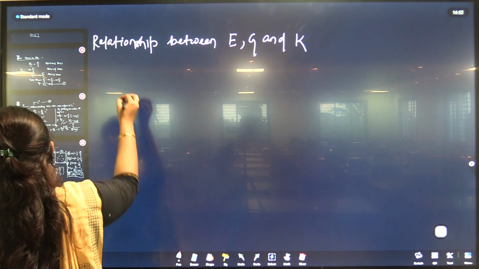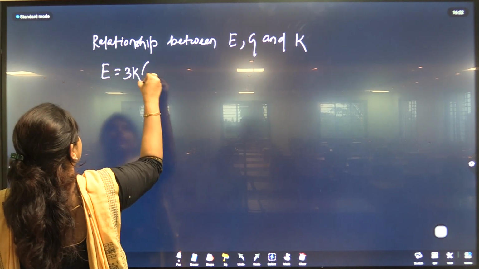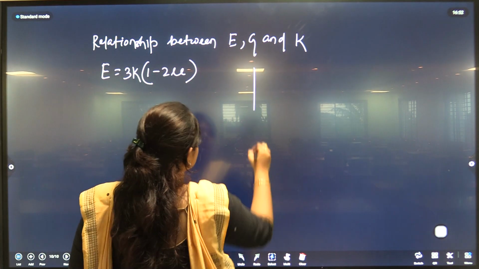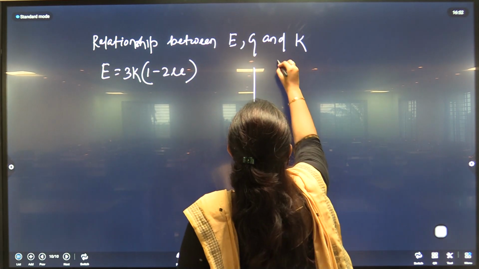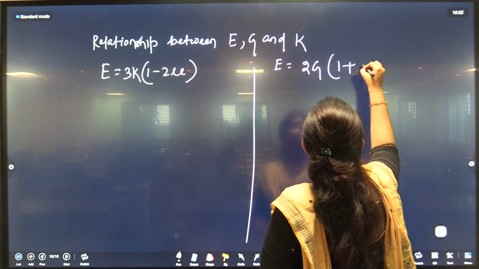E equals 3K into 1 minus 2 mu. Another one is E equals 2G into 1 plus mu.